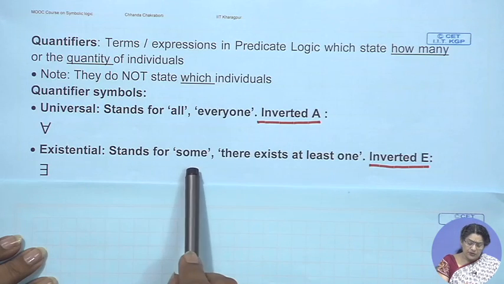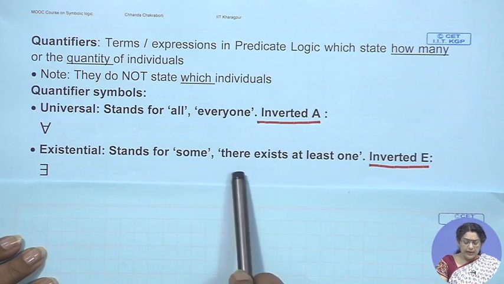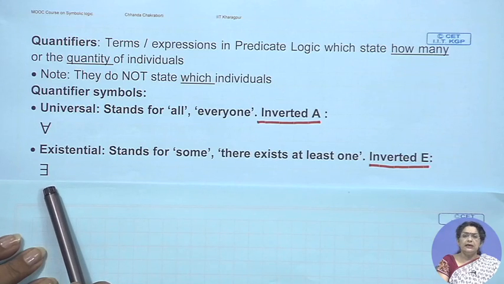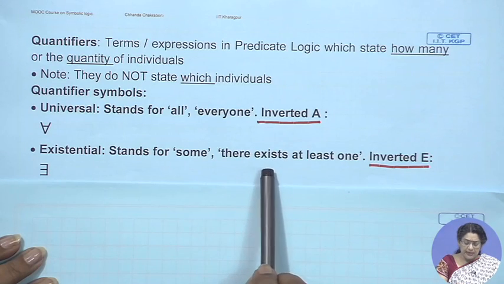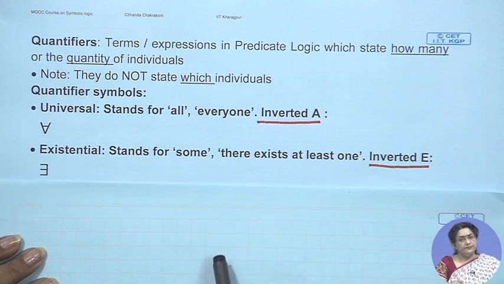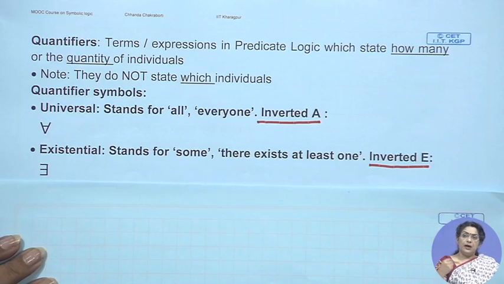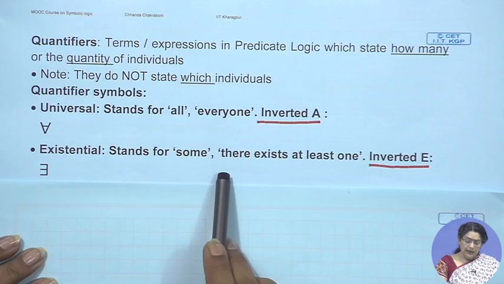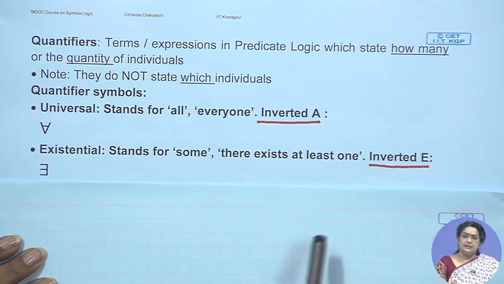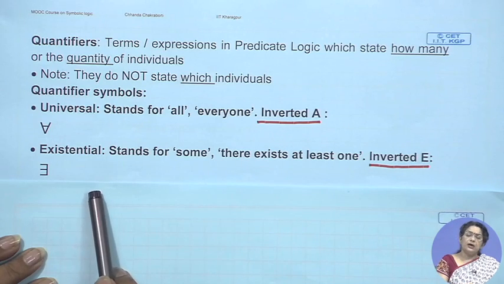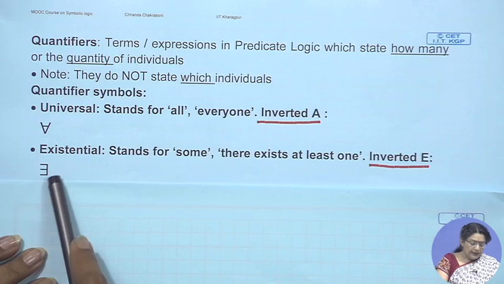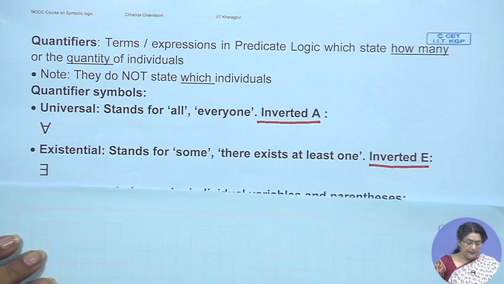So, whenever you say some, this inverted E reads as there exists at least one. Okay? So, this reading is something that you need to remind yourself again and again, that there is a default existence claim with the some from now on, and it is captured by this inverted E.